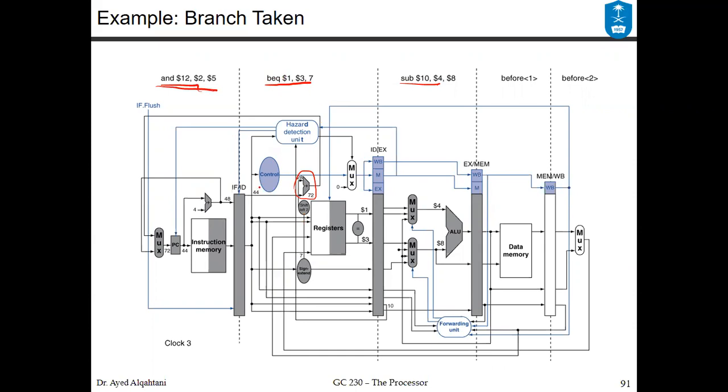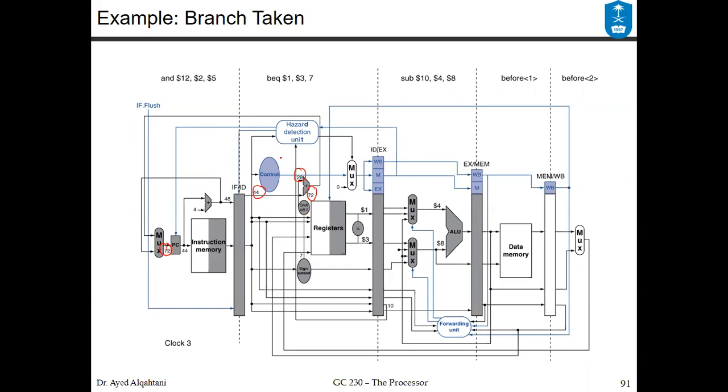Now what happens here, we have 44, which was saved in the pipeline register IF/ID, and you add to it the immediate value, which is 7. 7 is shifted to the left by 2, which means you are multiplying it by 4. 7 times 4 is 28. Now you add 28 with 44 and you get 72. This way, you know that you should have 72 as the next instruction.